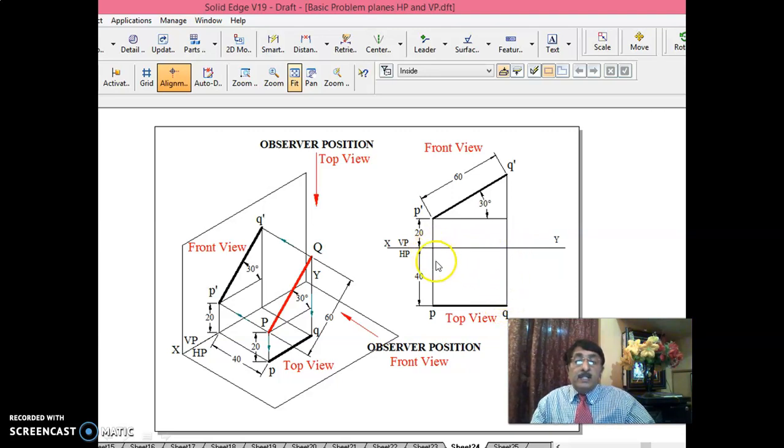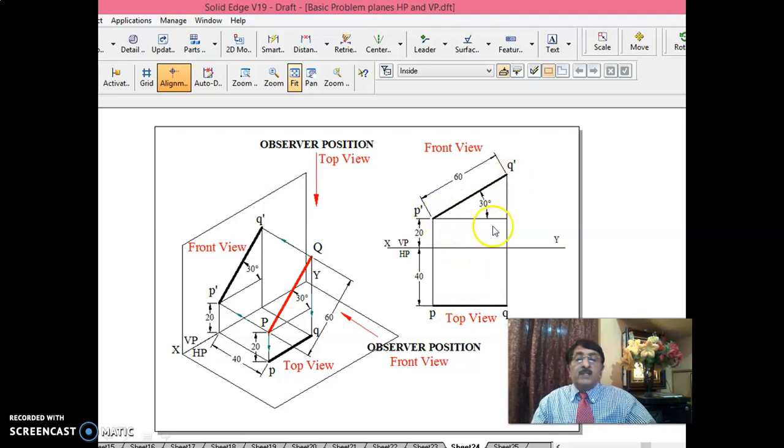When the distance of end P and end Q in front of VP remains the same, immediately you say the line is parallel to VP. That means whatever you see here is in true length. I'm telling you again, looking at this front view and top view itself, you should be in a position to understand what exactly is happening in this problem.